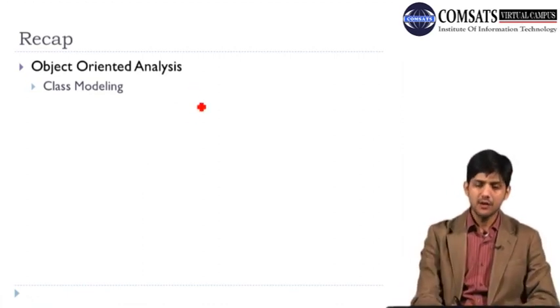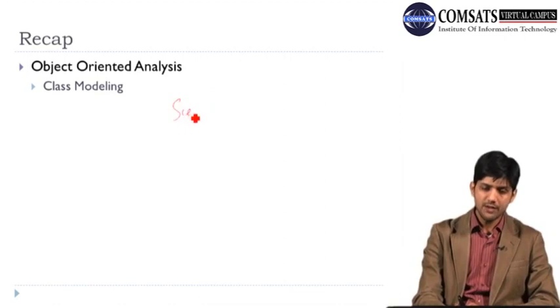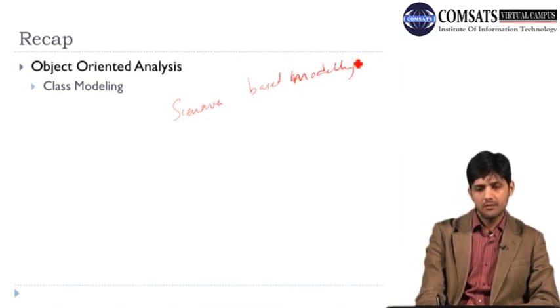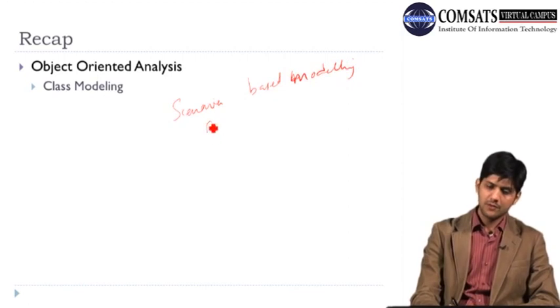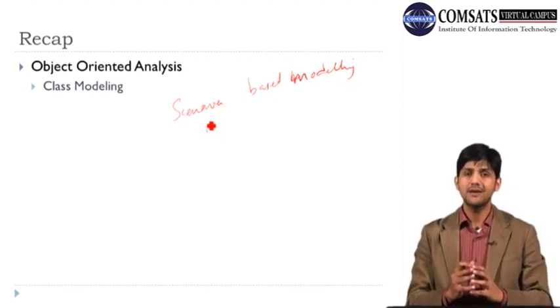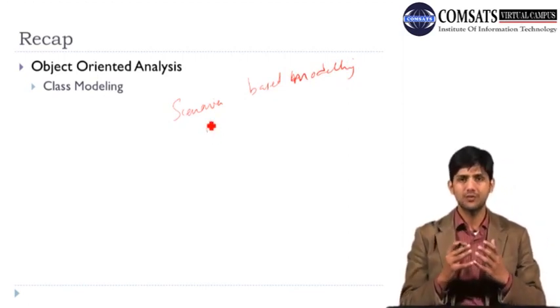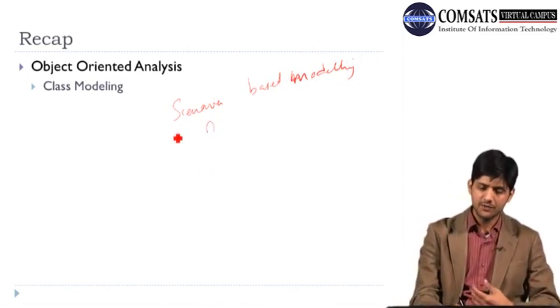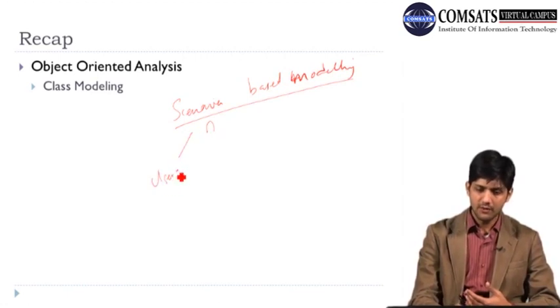Specifically, we saw that scenario-based modeling was helpful in identifying... The first thing we know about scenario-based modeling is that this is from the user's point of view. We try to understand the system from the user's perspective.